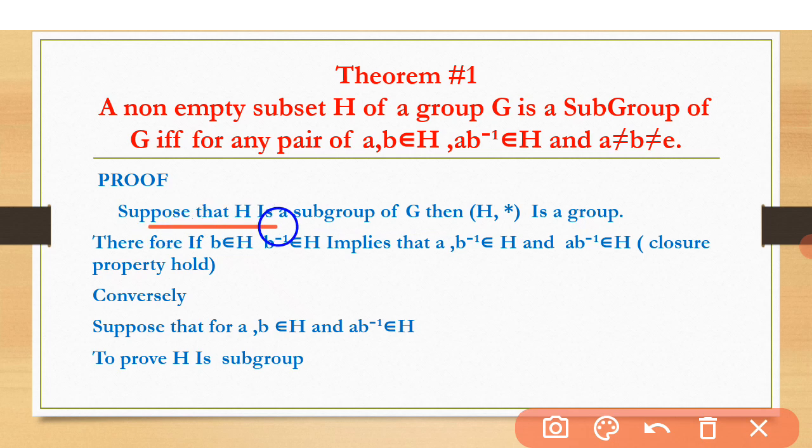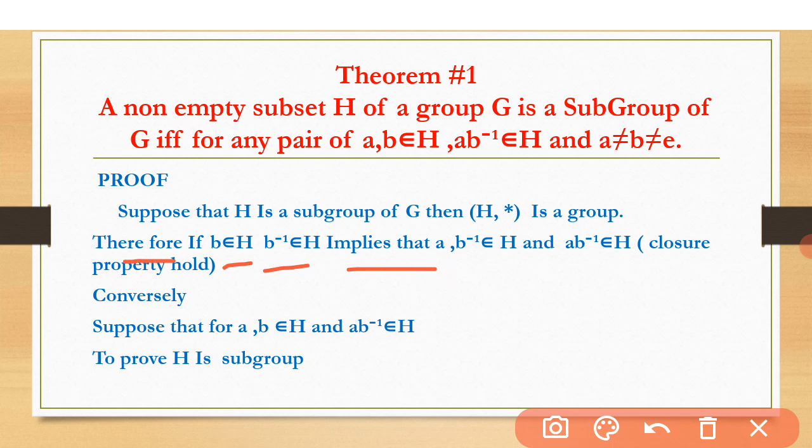So suppose that H is a subgroup of G, so H is a group because G is a group under the given binary operation. Therefore, if b belongs to H, then there exists b inverse, and it belongs to H also because H is a subgroup.